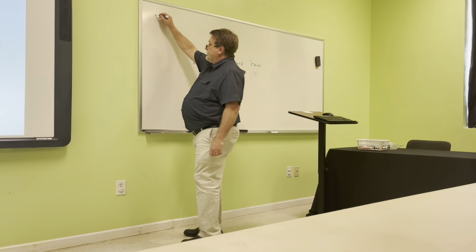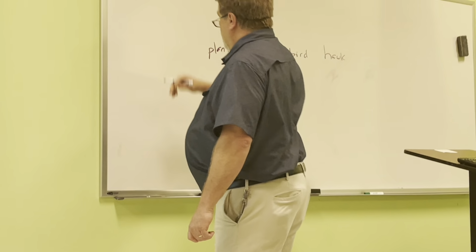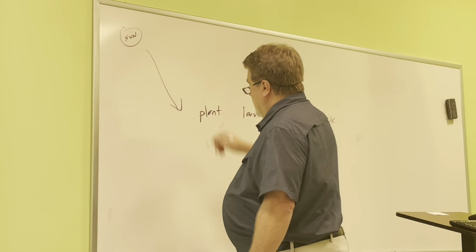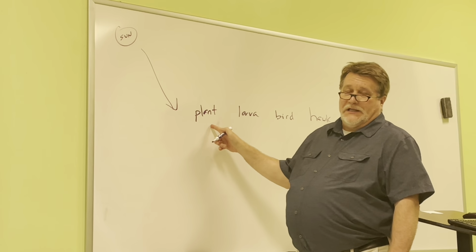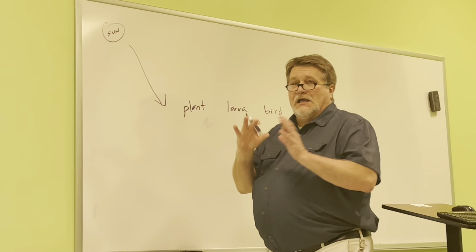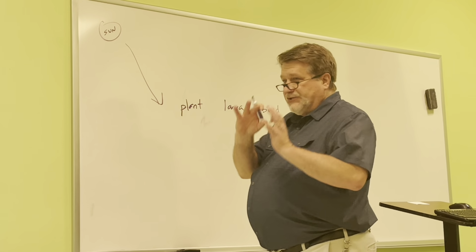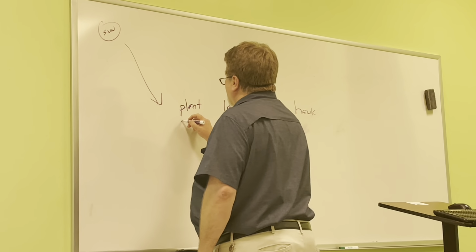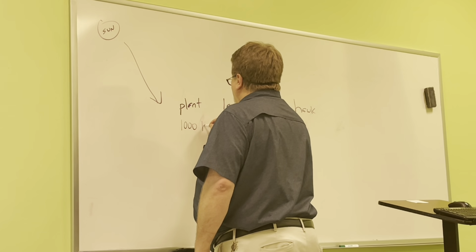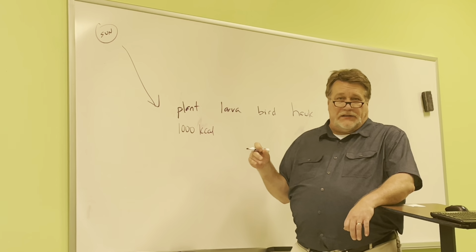Now up here, we've got the sun shining in all its glory, but how much energy can the plant get from that sunlight in this process? I don't know specifically. It depends on the plant species and all the, let's just say arbitrarily, the plant can recoup 1,000 kilocalories.